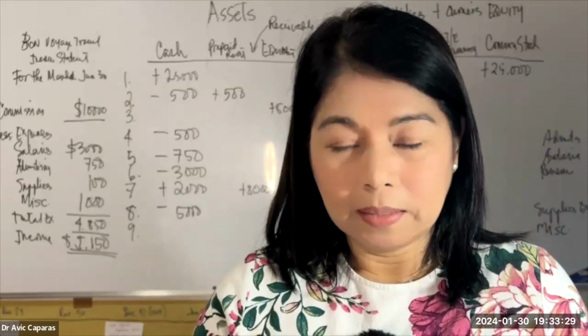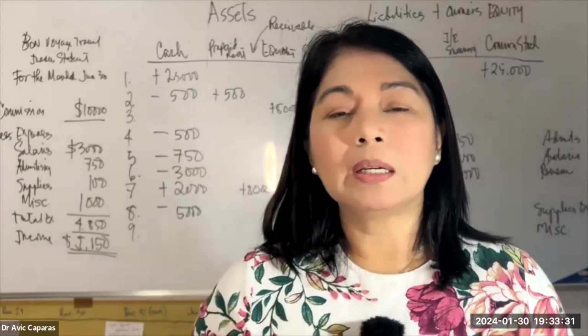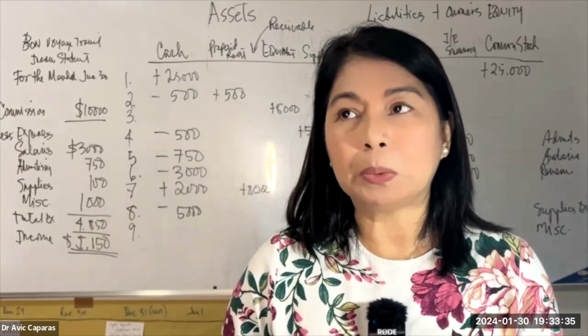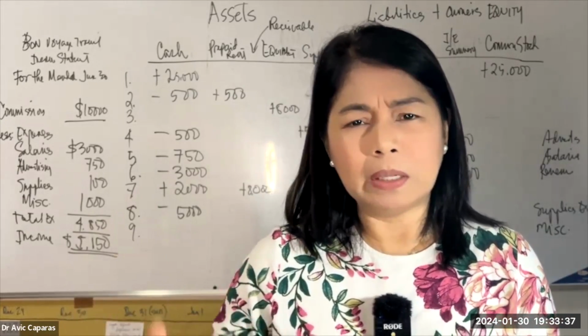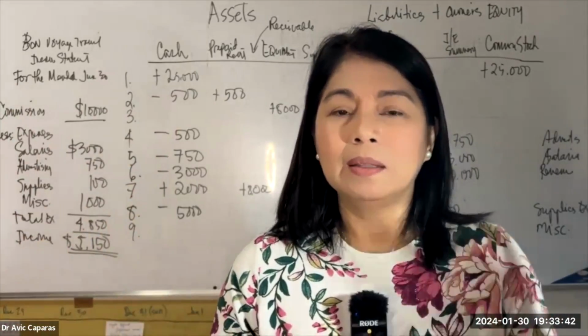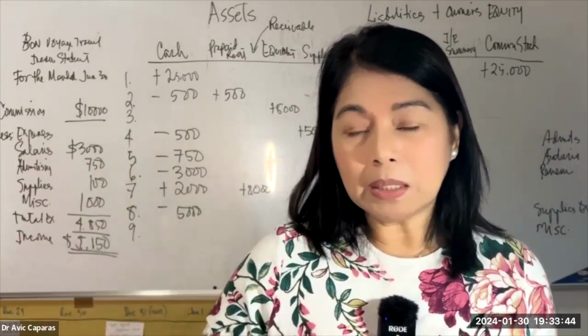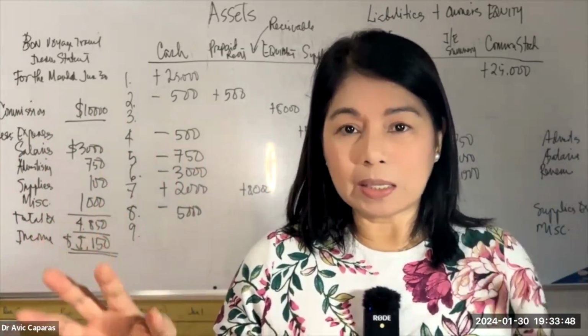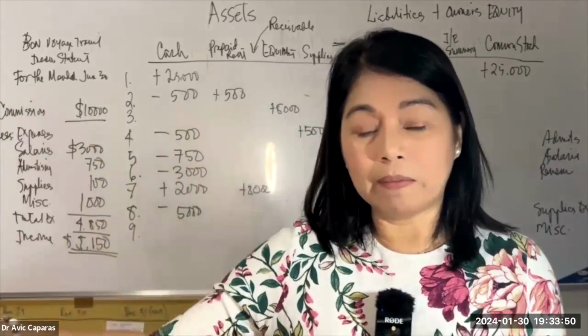Thank you. So the accounts, there will be much more. You will see that when you do the final paper, you will look into your selected company. You will see there are a lot more accounts. But the main idea is there are assets, liabilities, and owner's equity. The idea is really to get skilled at knowing which are assets, which are liabilities and equity, which are revenues and expenses.